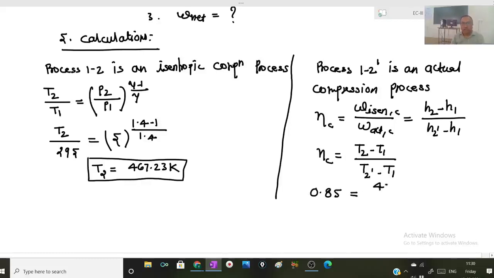T2 is 467.23 minus 295, T2 dash minus 295. So from here T2 dash I can calculate as 497.02 Kelvin.